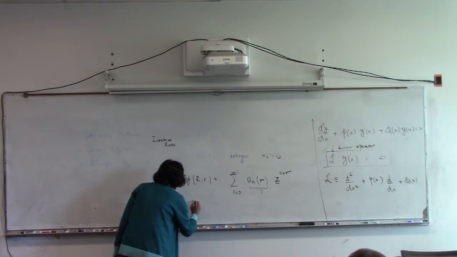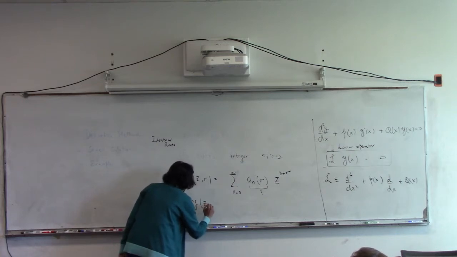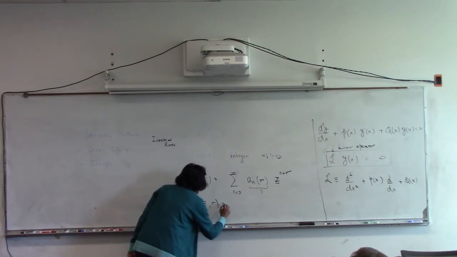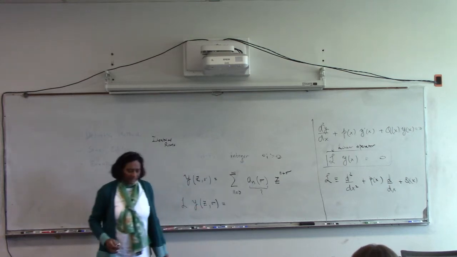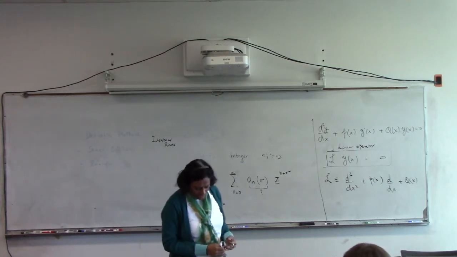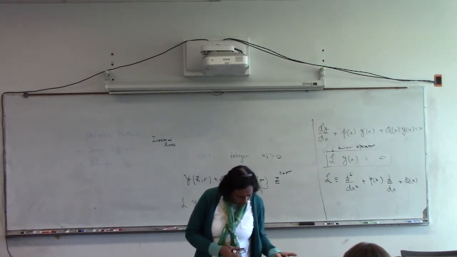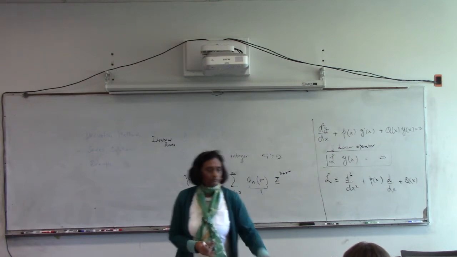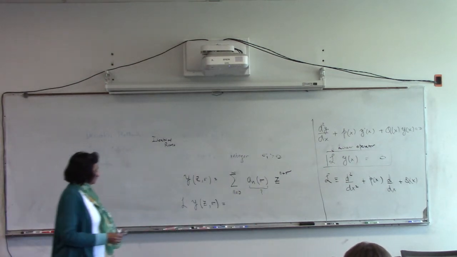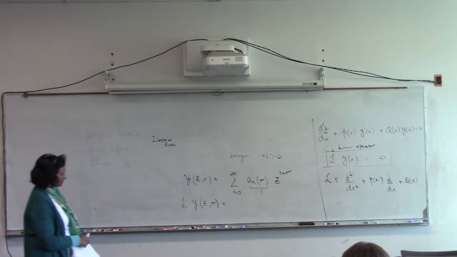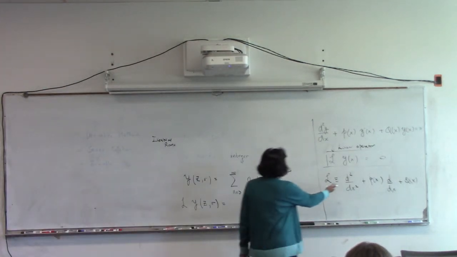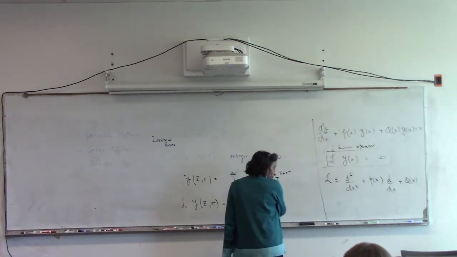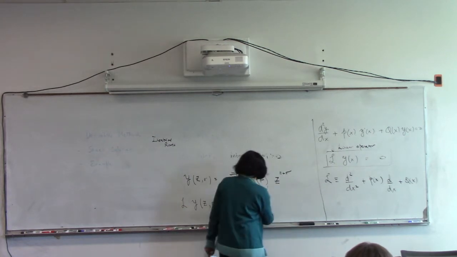What if I operate L on this? Can I guess what it should look like? L is this, right? And y is now a function of all these things.